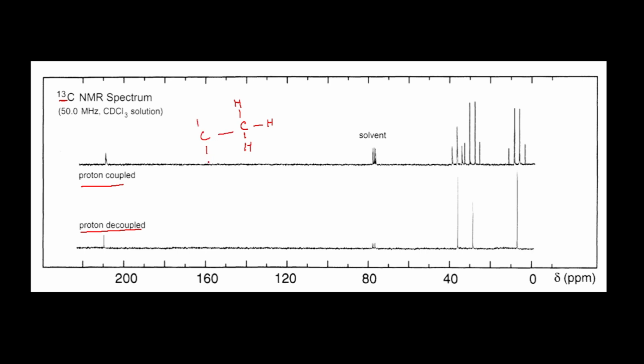Suppose this carbon is C13. Here this carbon is attached with three protons. So the carbon itself gives one peak, and the three attached protons give three more, so this carbon will give a quartet, meaning four peaks.